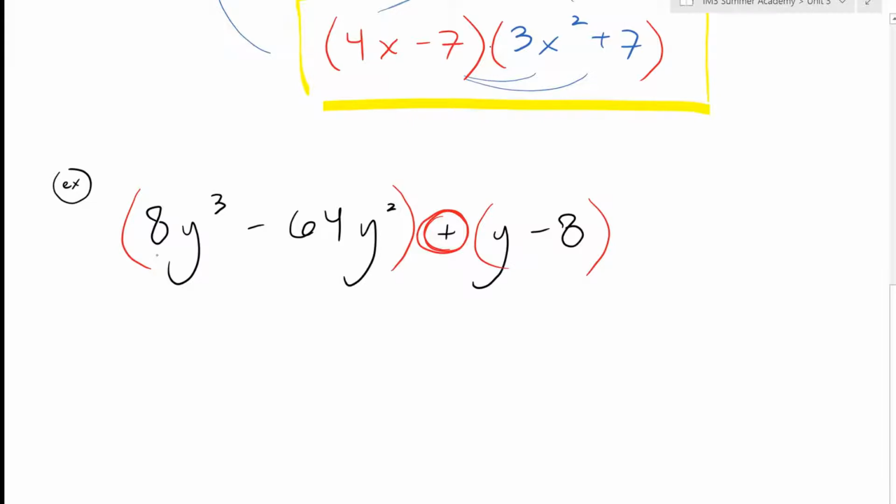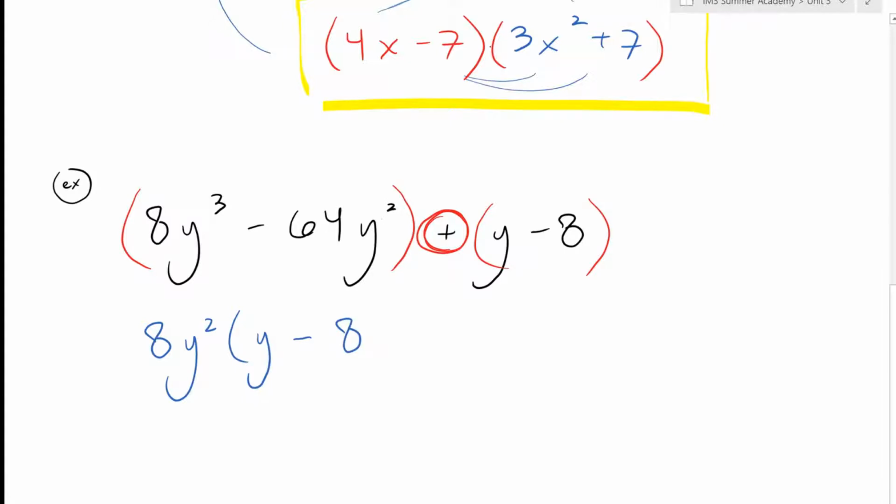So for the first piece, 8 and 64 both share an 8. Y cubed and y squared both share y squared, leaving me with 8 divided by 8 is 1. Y cubed divided by y squared is just 1y left, minus 64 divided by 8 is 8.